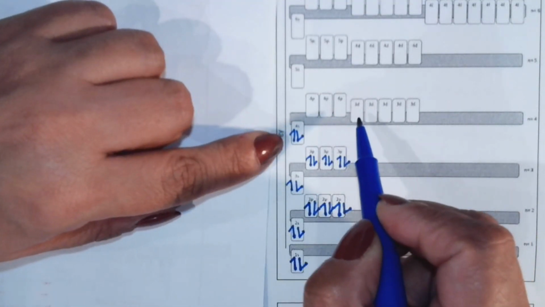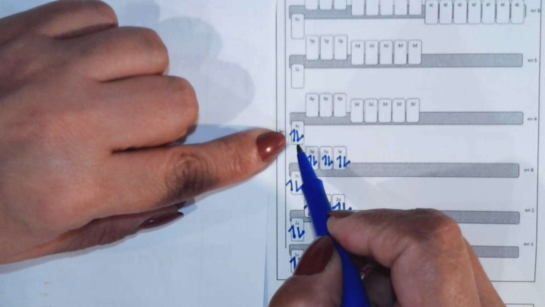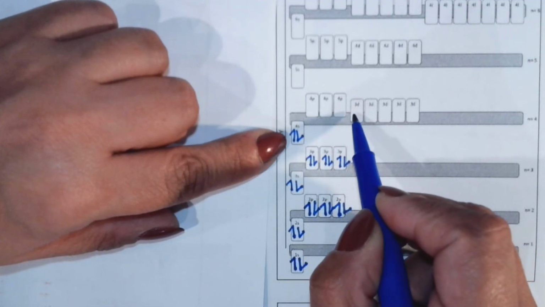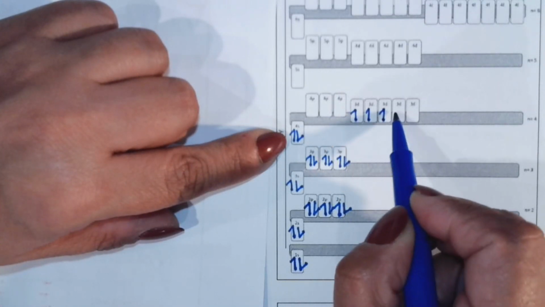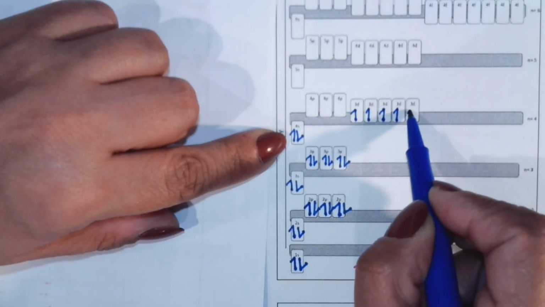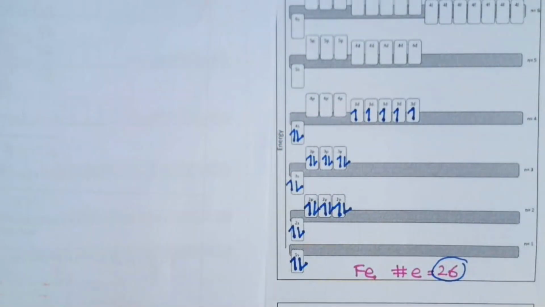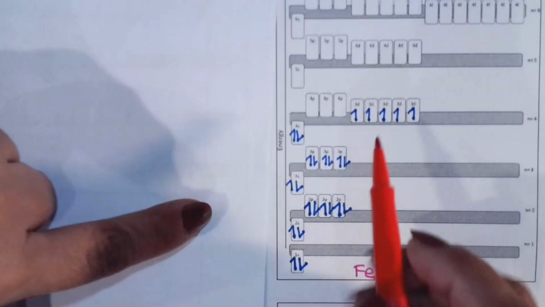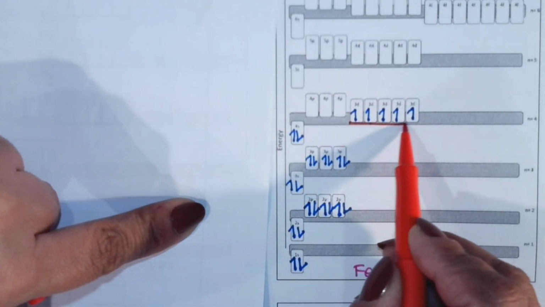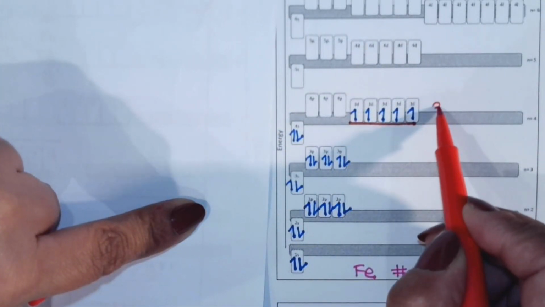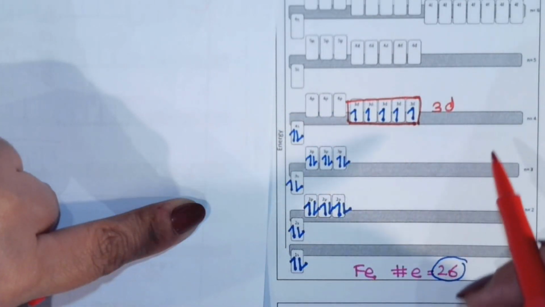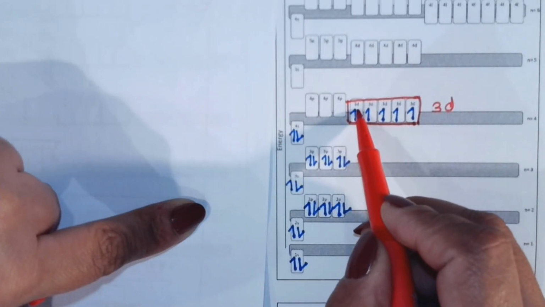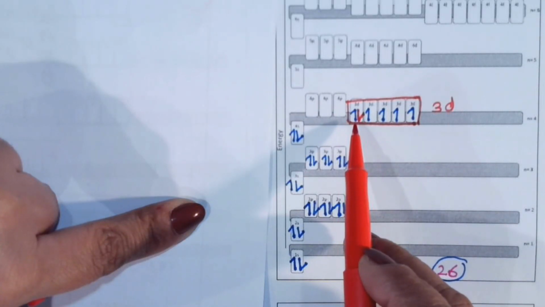So that is going to be, we already placed 20 electrons, so 21, 22, 23, 24 and 25. Now the 26th electron, so once all the orbitals are singly filled, all the 3d orbitals are singly filled, now the 26th electron will go to the first d orbital with an opposite spin, right?